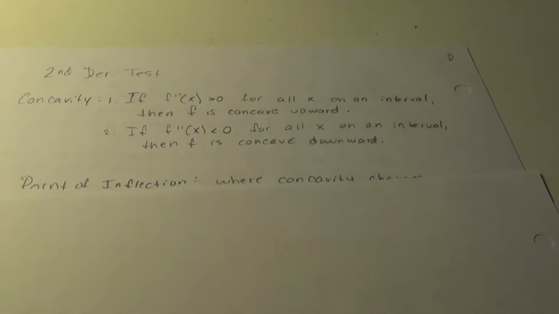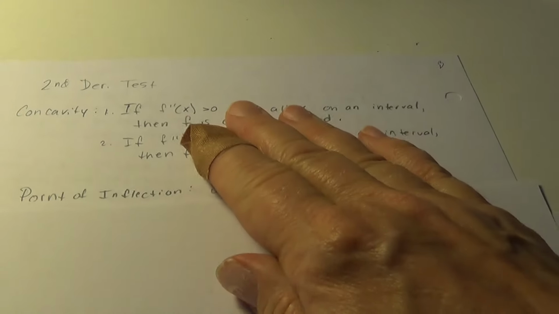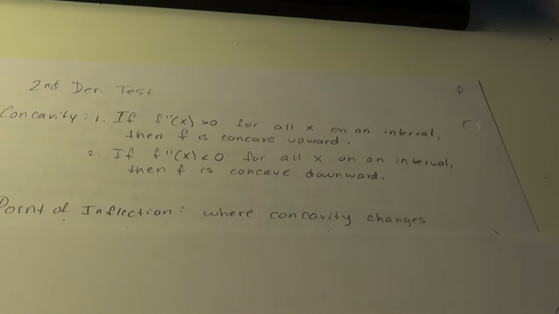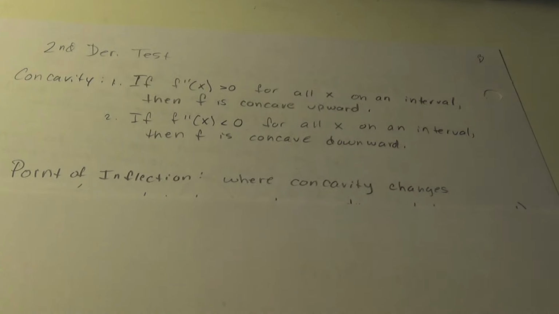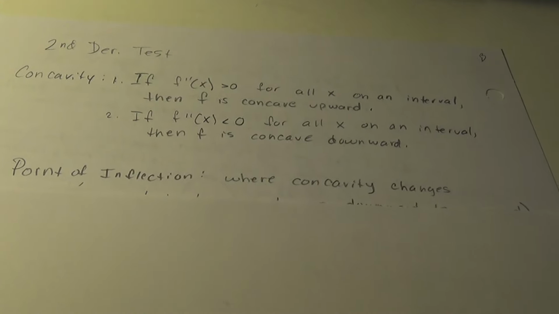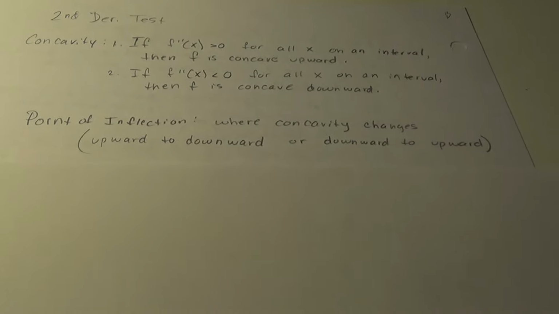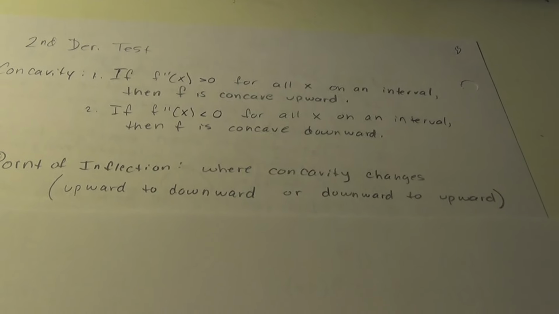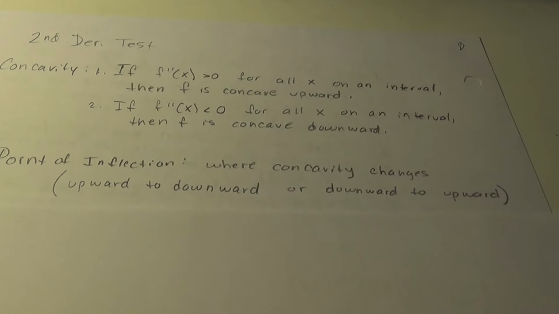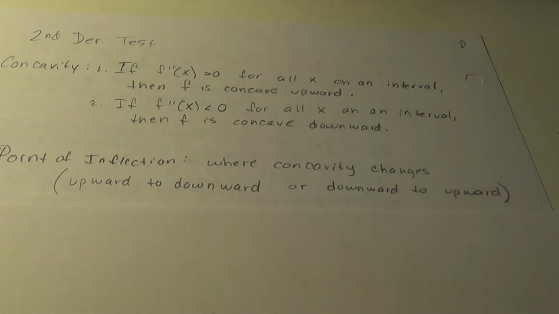And also in that discussion, previously, we were introduced to a point of inflection. So we're going to define that as well. A point of inflection is where the concavity changes. So it can go from upward to downward or downward to upward.